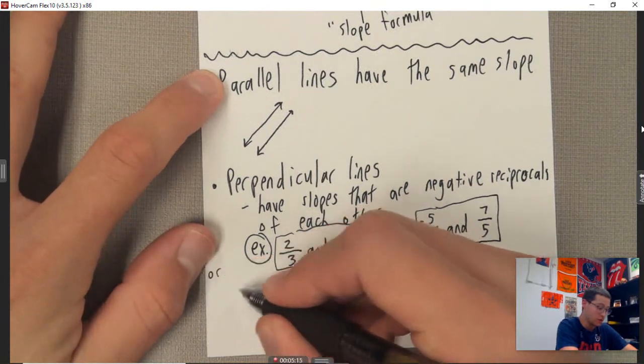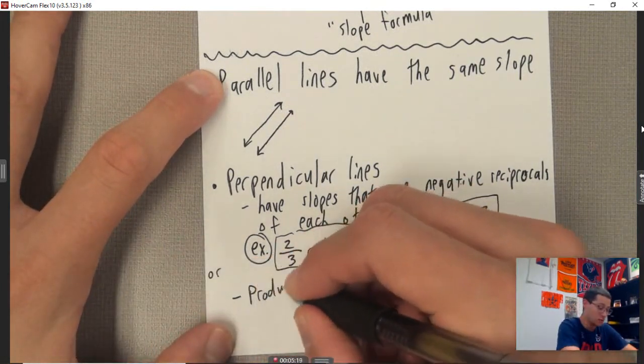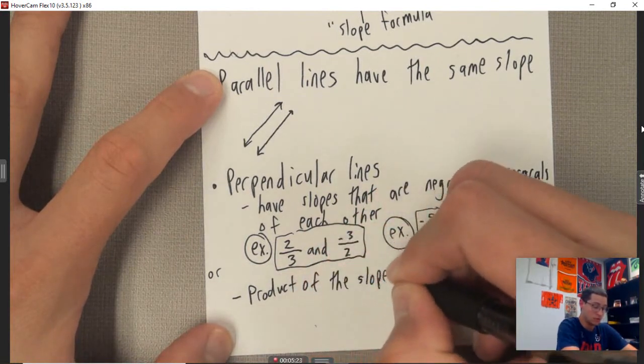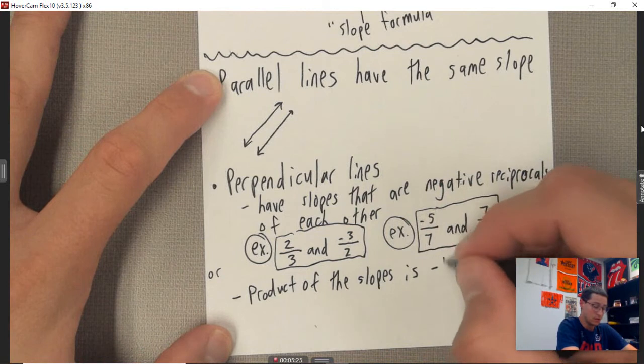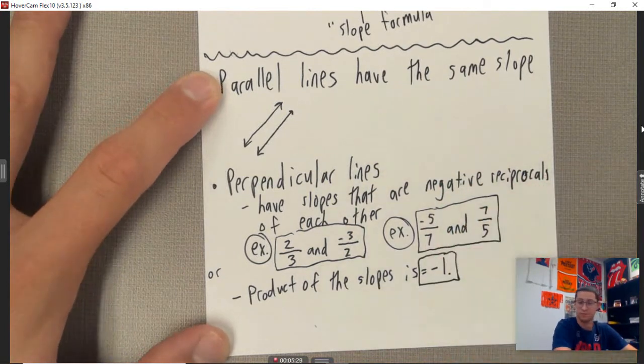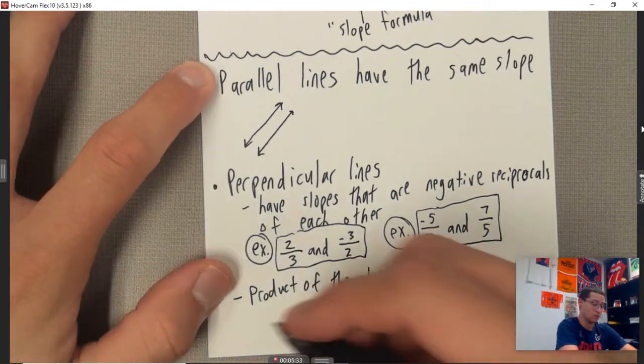Now the other way to do this is to say that the product of the slopes is equal to -1. So two different ways to do it. Let's use those same examples.